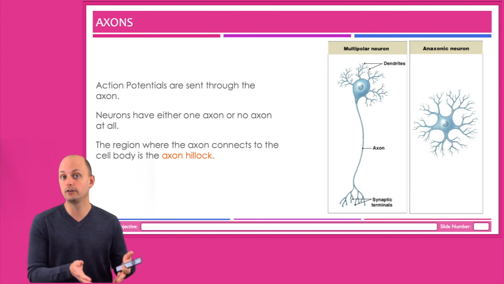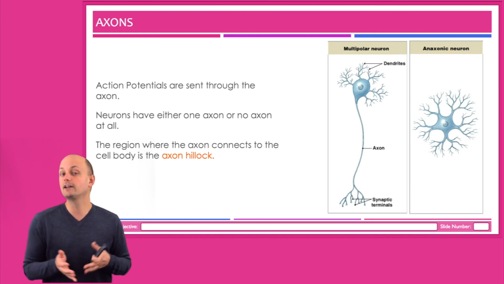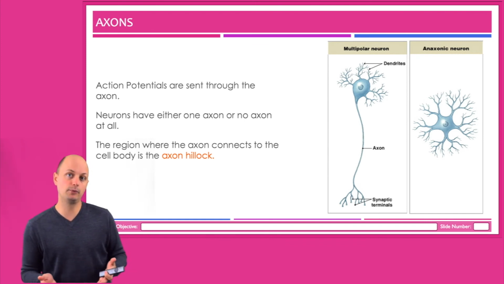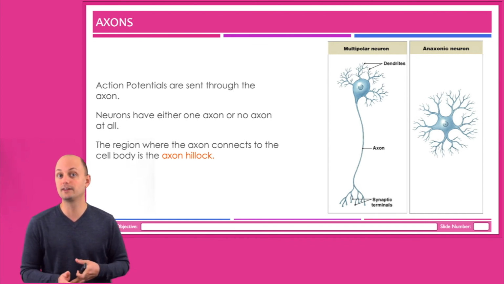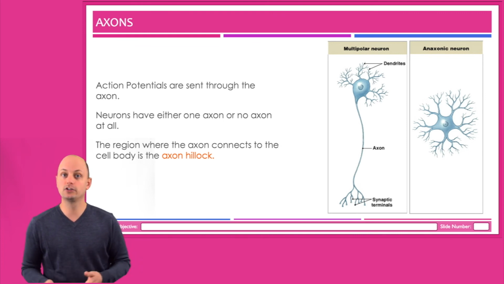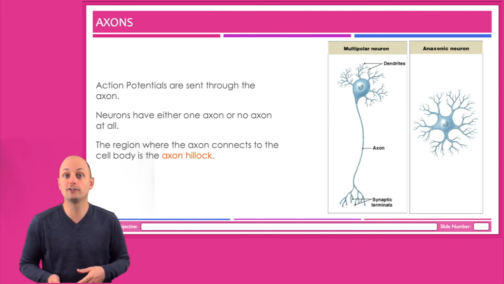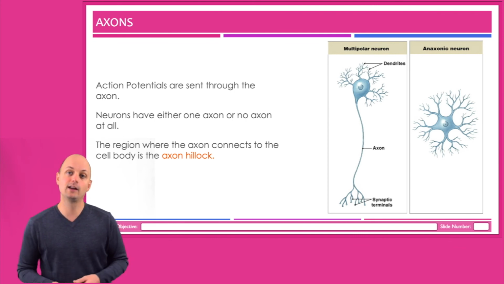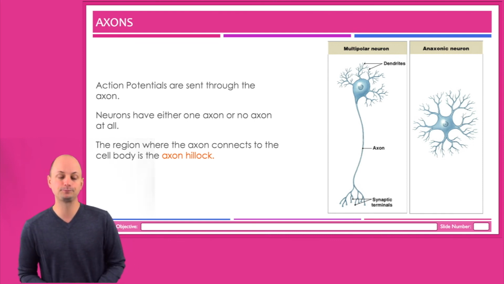Axons can be really short, like in your brain or your spinal cord, but they can also be really long. For example, a single axon might travel from the tip of your toe all the way into your spine. Again, just to represent this complexity, I'll point out that in some cases, neurons don't have an axon at all. We'll see one example of that a little bit later on in our visual system.